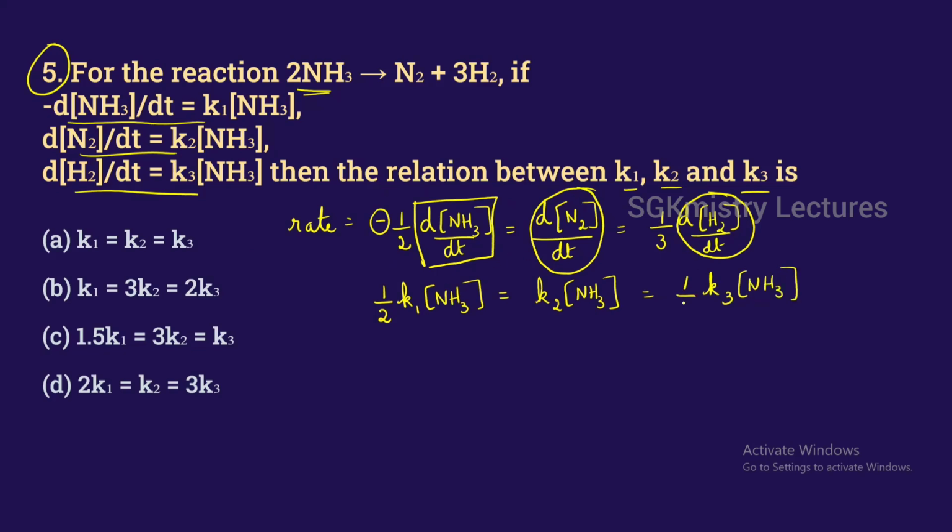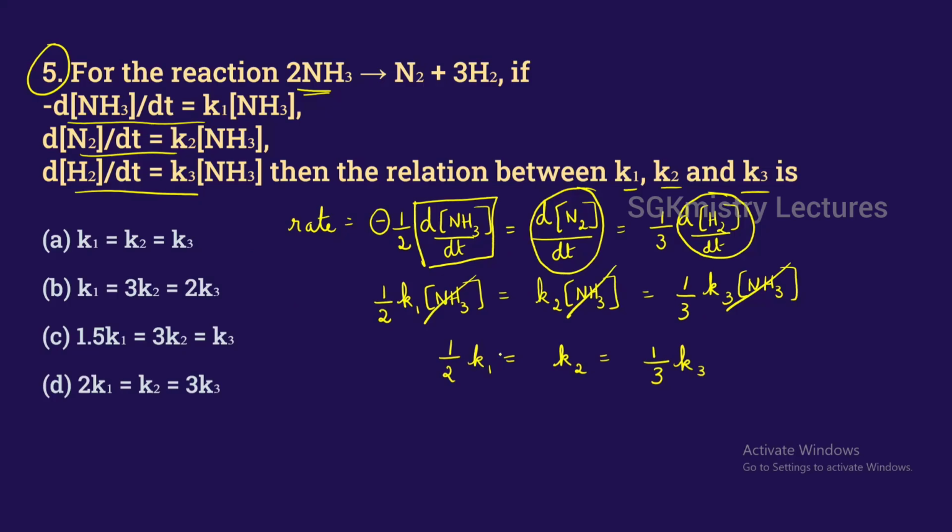But then we already have this 1 by 3. So we got this relation now. Now, this NH3 is common in all these three, so I can just remove this NH3. Now I have half K1 is equal to K2 is equal to 1 by 3 into K3.